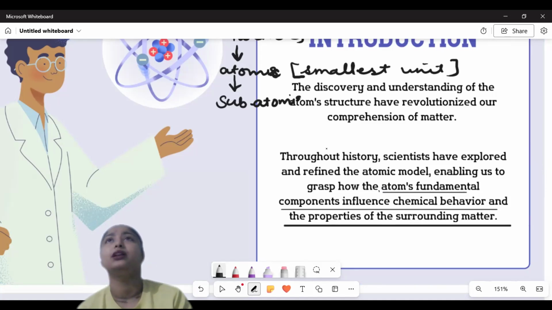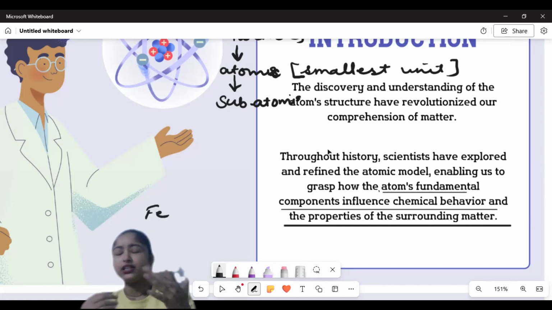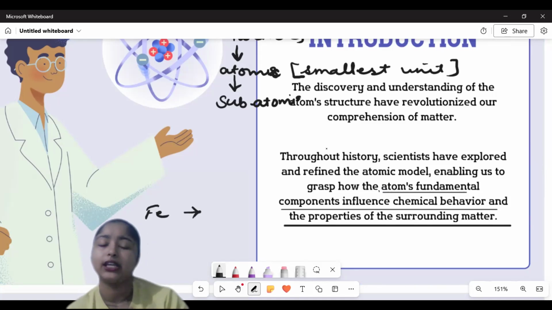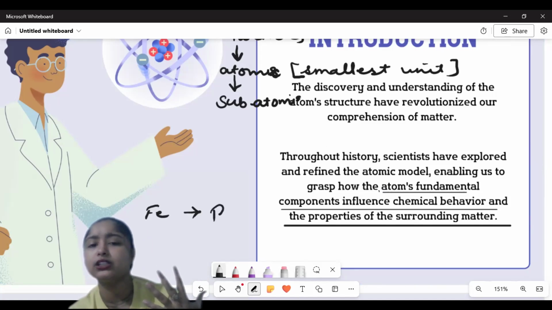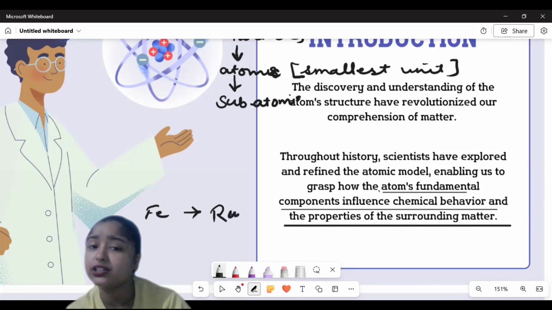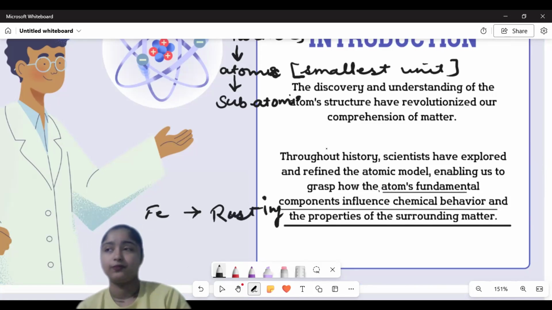For example, let's take iron. You must have noticed that if there is something iron, let's say an iron rod, after some time if you look at it, you will see some brownish layer on it that you call rust, or rusting of iron. Why does iron rust?